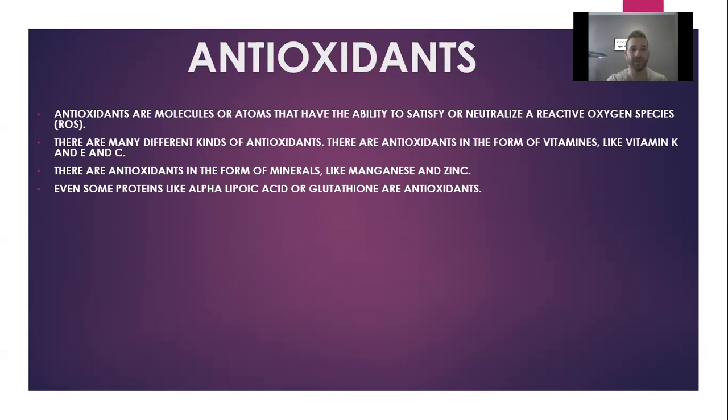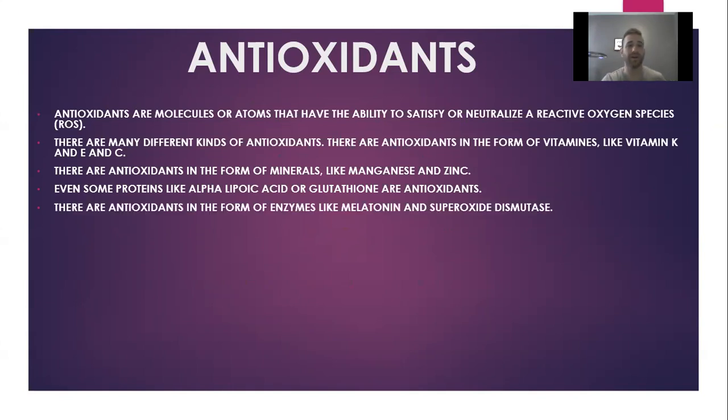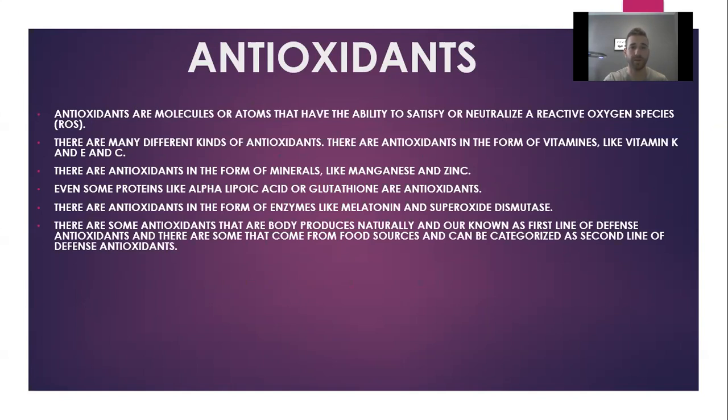Even some proteins, like alpha lipoic acid or glutathione, are antioxidants. There are antioxidants in the form of enzymes, like melatonin and superoxide dismutase. There are some antioxidants that our body produces naturally, known as first line of defense antioxidants, and some that come from food sources, which can be categorized as second line of defense antioxidants.